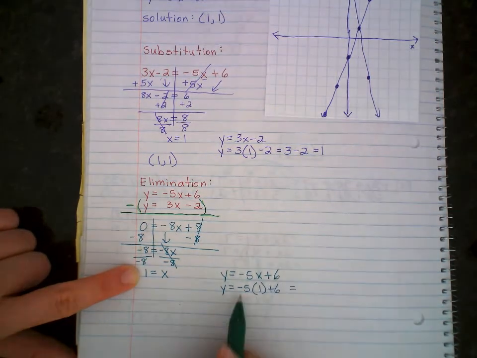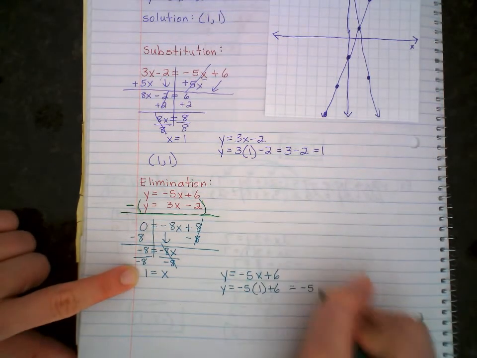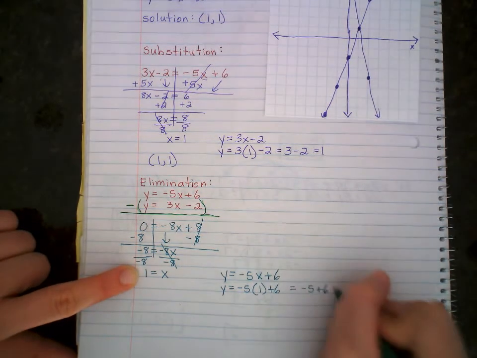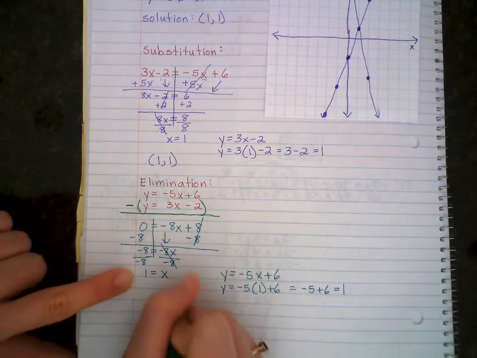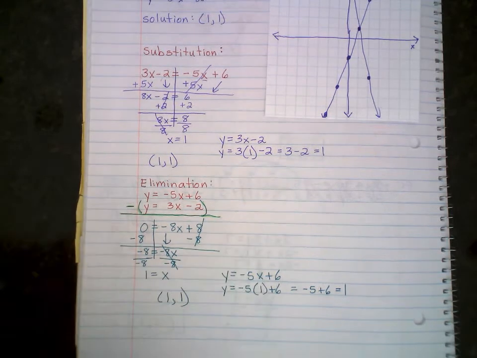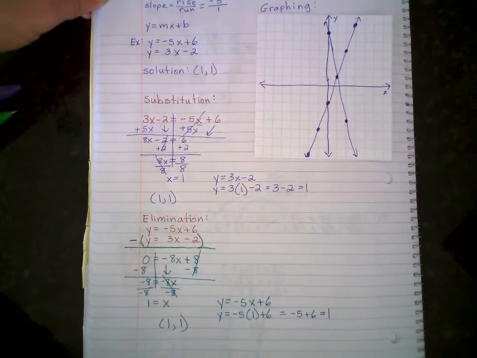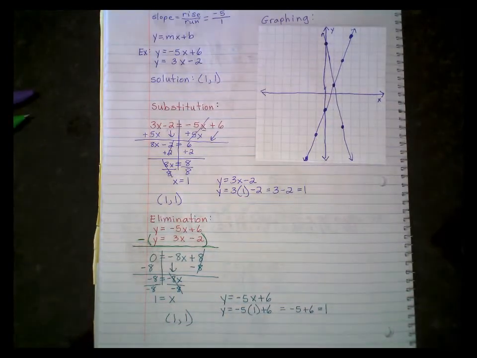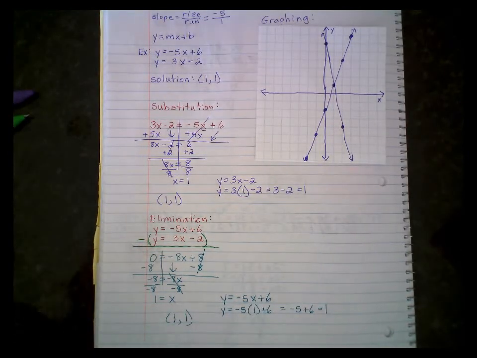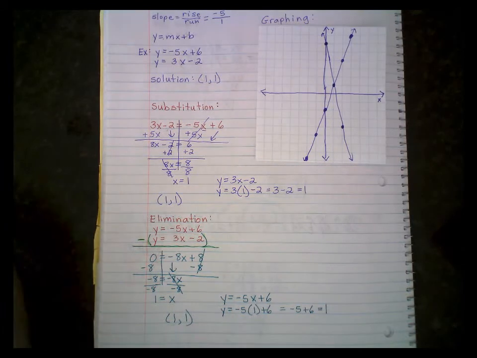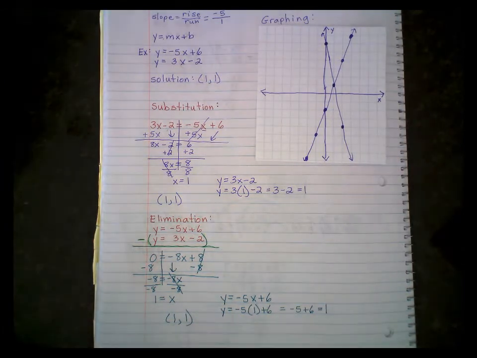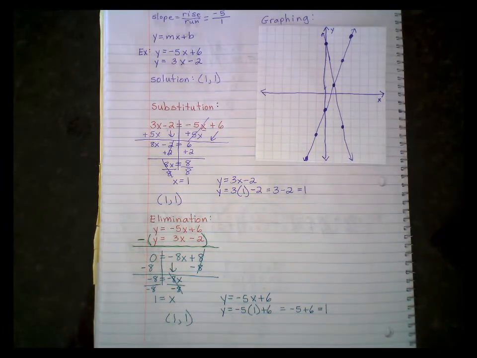So that equals negative 5 plus 6, which just equals 1. So, this proves that you can use all three forms and you will get the same solution. We used graphing, we used substitution, and we used elimination, and we got 1, 1 for all three forms.